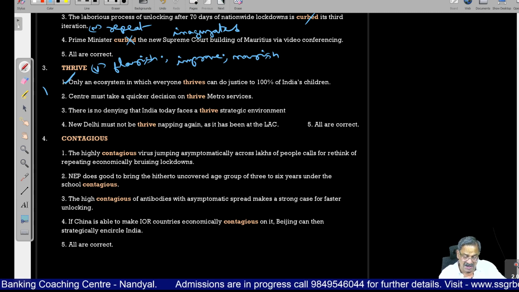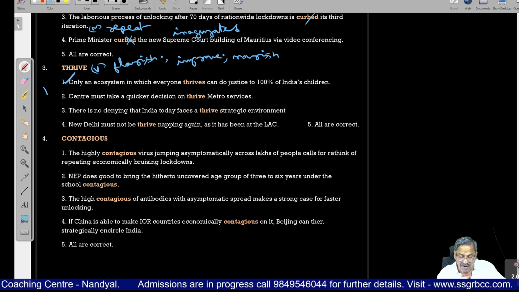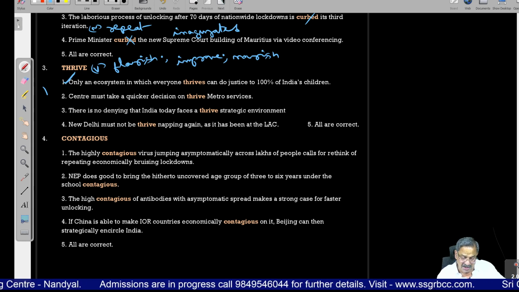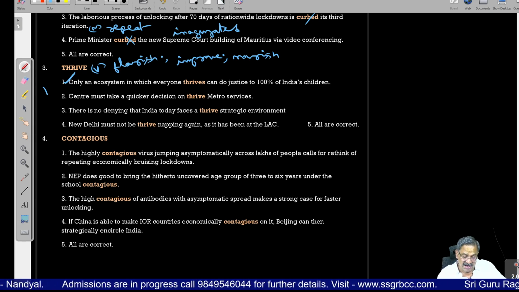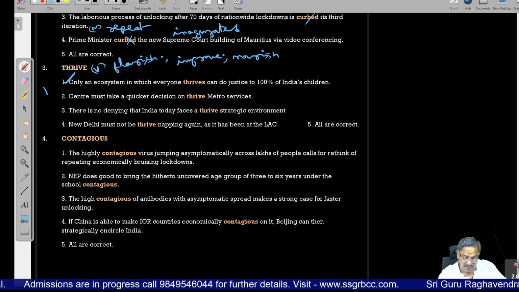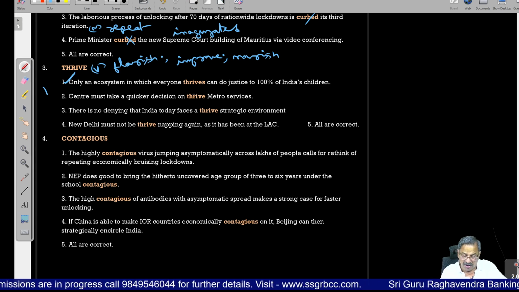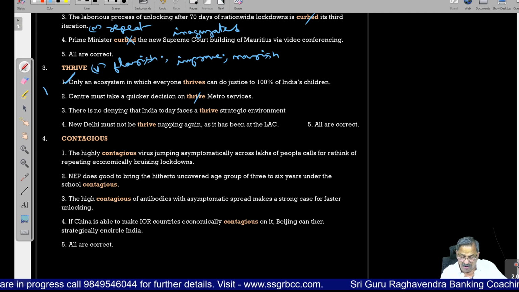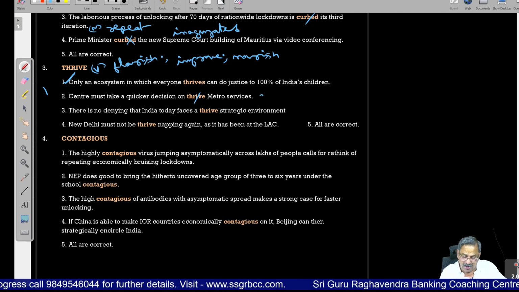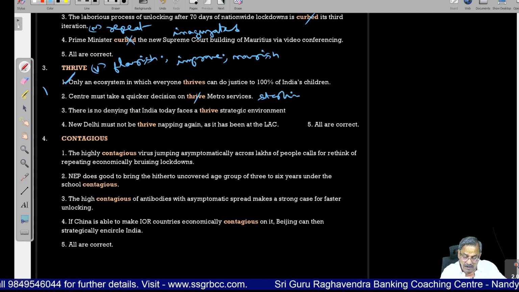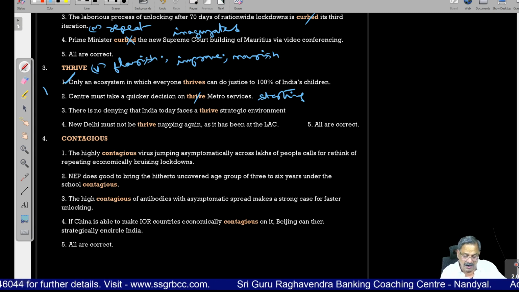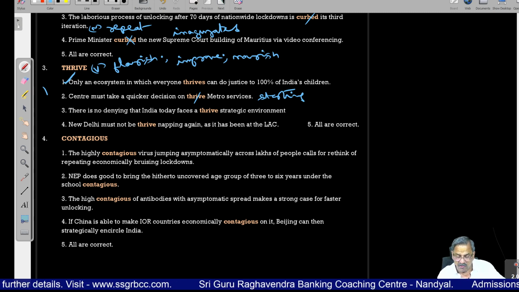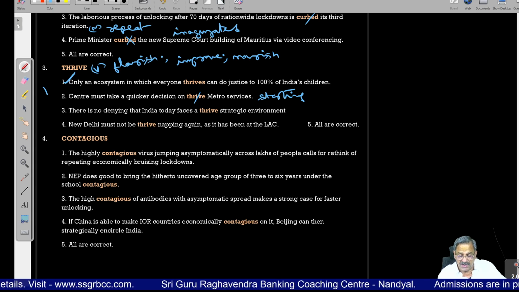Center must take a quicker decision on thrive metro services. Center must take a quicker decision on, not thrive, on restarting, on starting metro services. So after 'on' we have to use 'on starting metro services'.